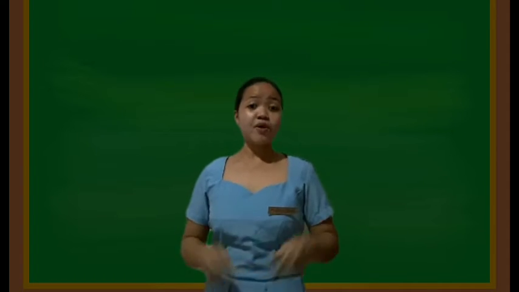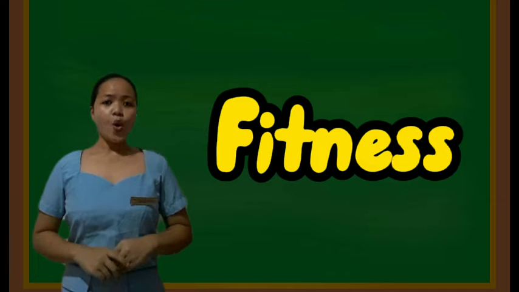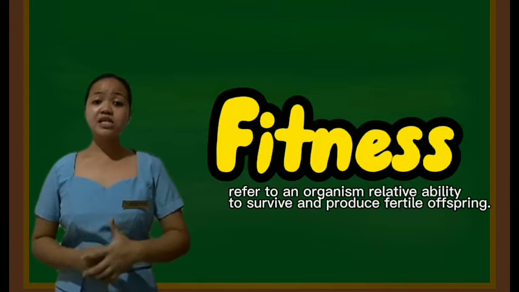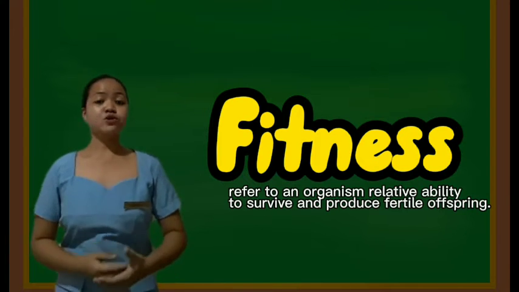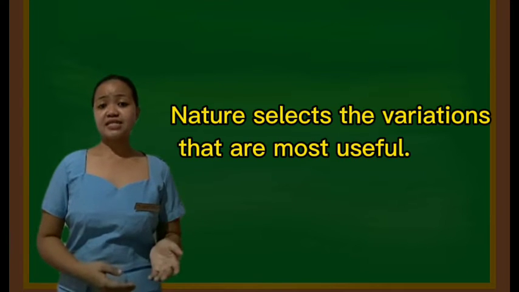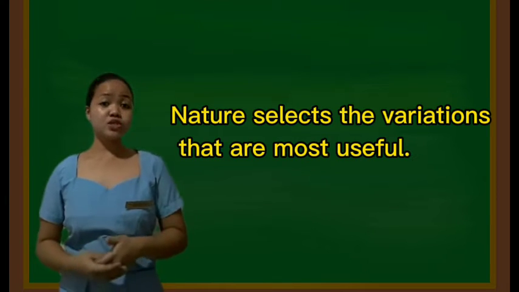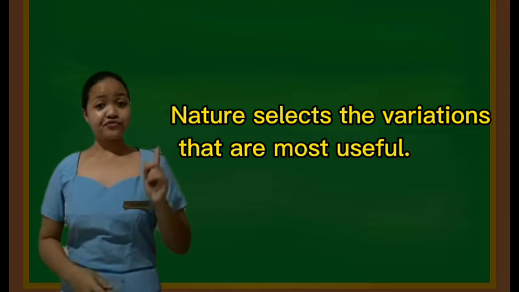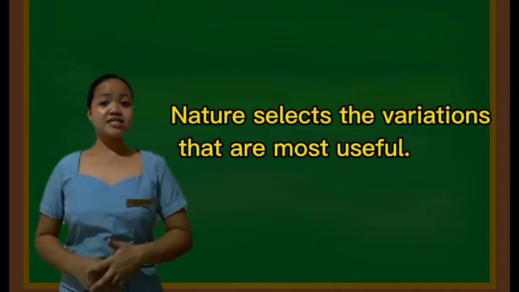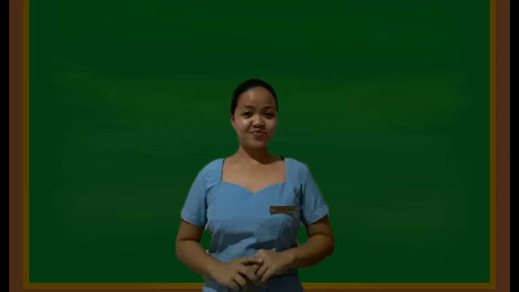Darwin also coined the term fitness, which refers to an organism's relative ability to survive and produce fertile offspring. Nature selects the variations that are most useful to this. Therefore, he called this type of selection natural selection.